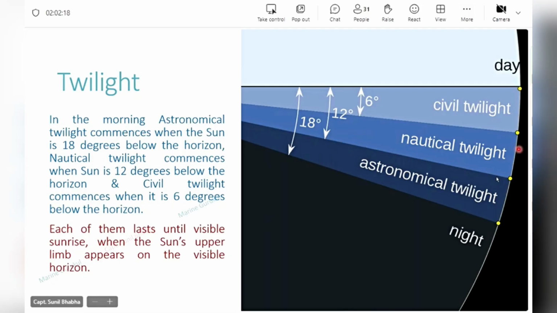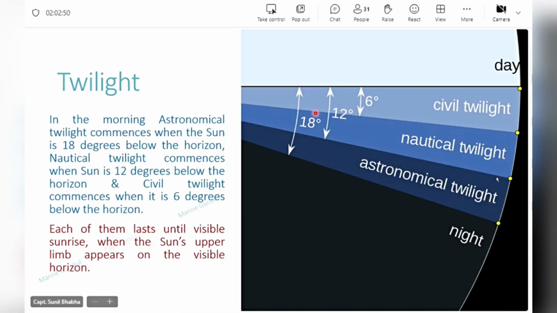Now, out of this entire period, as far as navigators are concerned, as far as sight taking is concerned, which is the most suitable period for us? The most suitable period for us is between 12 degrees and 6 degrees. This particular period is represented in blue: the upper period is represented in light blue, and the bottommost period is represented in dark blue.